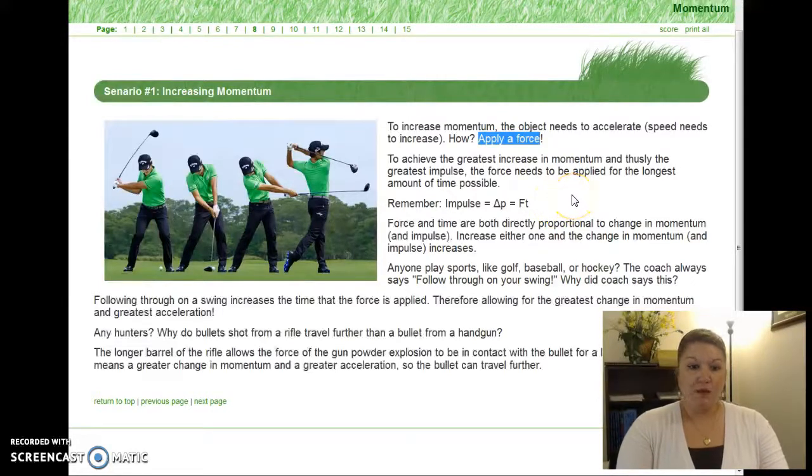You remember when you were learning to play sports when you were a kid? What did the coach always say? Follow through on your swing, right? Whether it's golf, hockey, baseball, right? Just like our little golf player right here. Following through on your swing gets you the most contact time so that you get the biggest change in momentum, right?